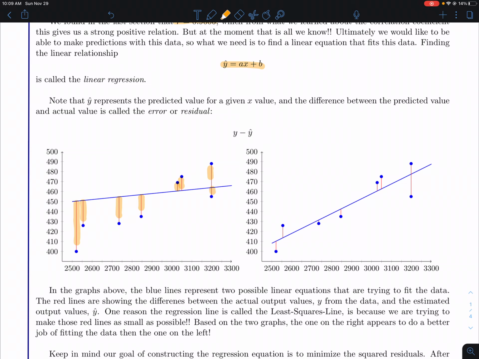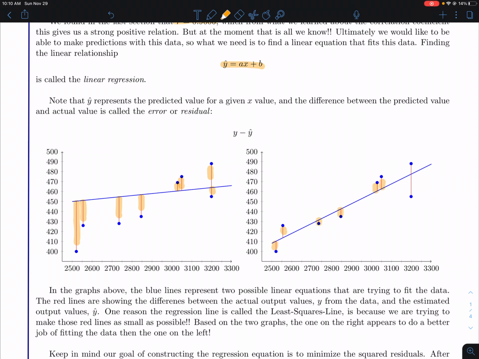Notice on the left, these red lines are pretty far off. They're pretty long. Even though that linear equation does go through all the points, it doesn't look like the best linear equation for this model. If we look at the one on the right, we shrunk all these red values.